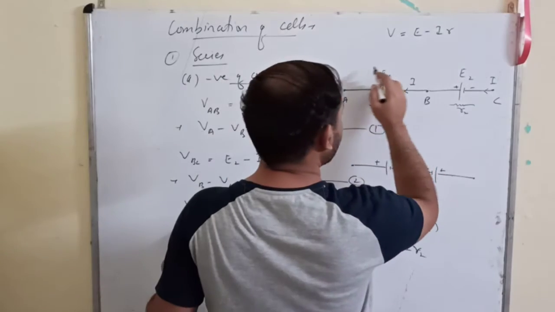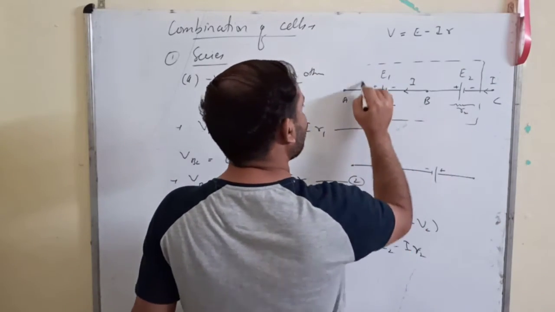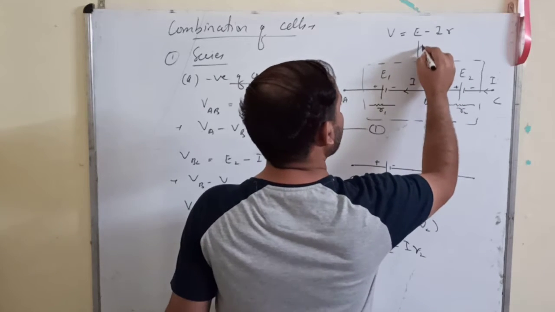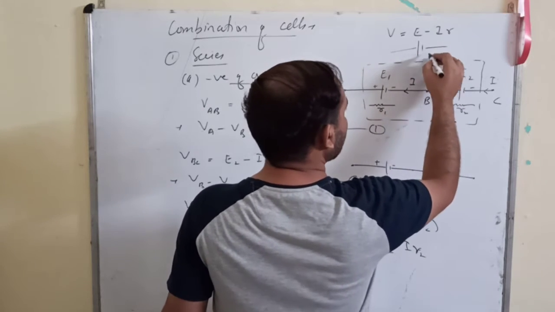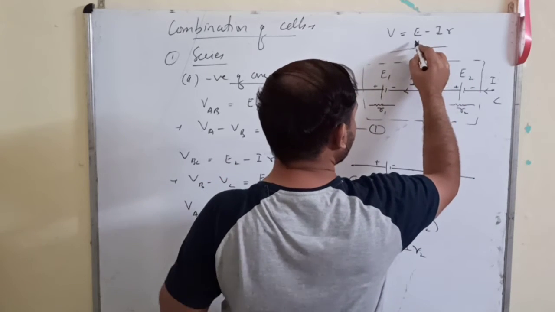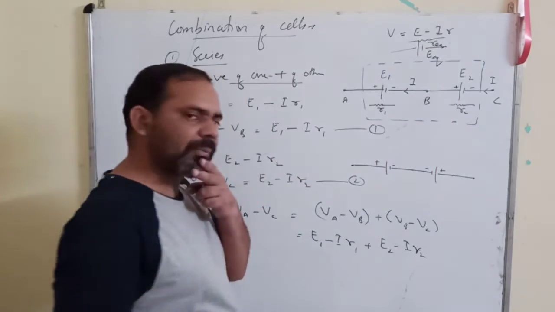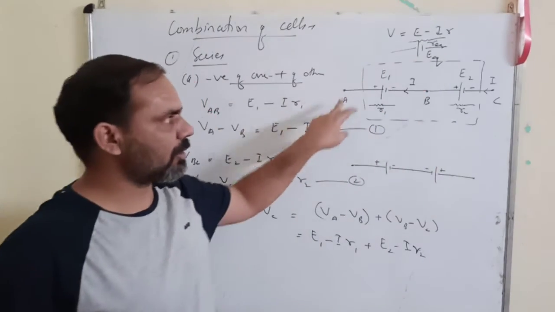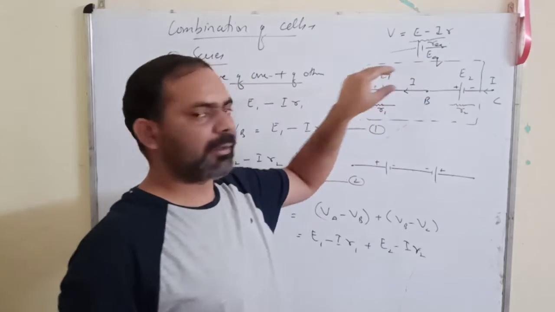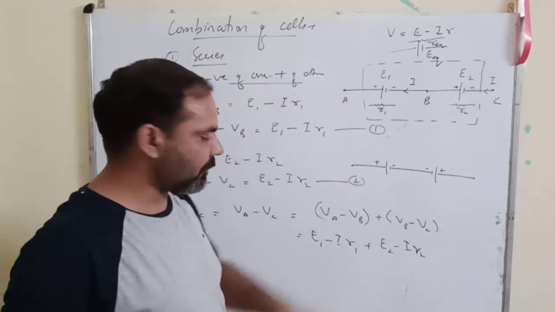the combination. Suppose I replace this combination by one cell, then whose EMF will be E equivalent and resistance will be R equivalent. I am taking R equivalent as the internal resistance of the combination, and E equivalent as the EMF of the combination of cells.